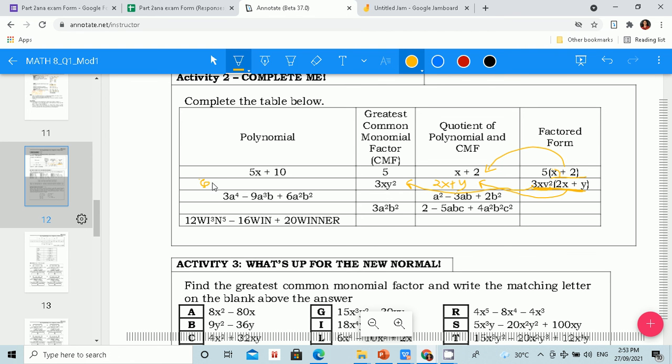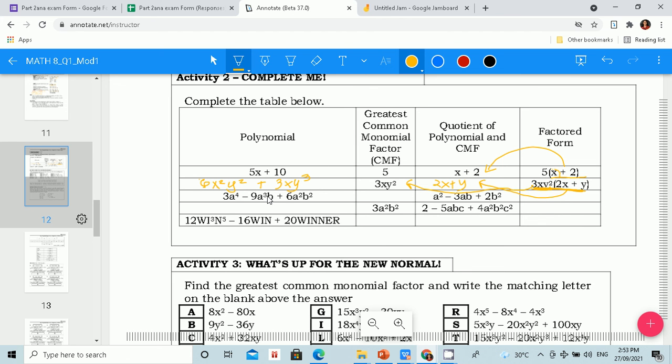Then x times x is x squared, and y we just copy. Then 3xy squared times y: copy 3x, and y squared times y, we add the exponents, so that will be y cubed.